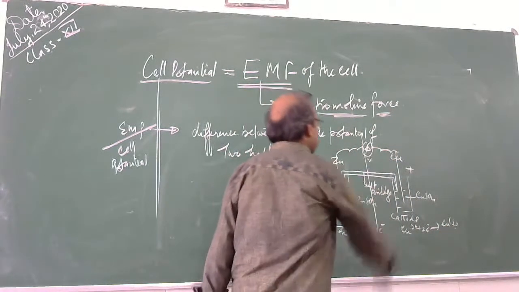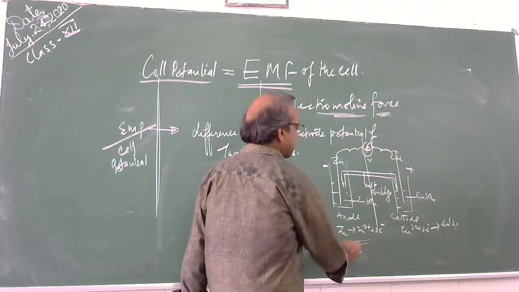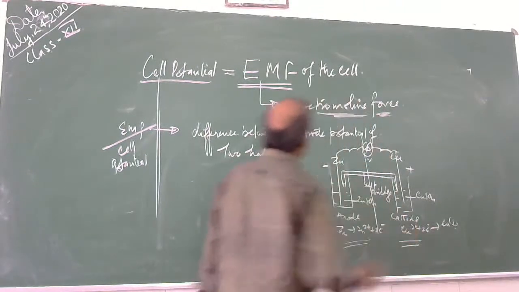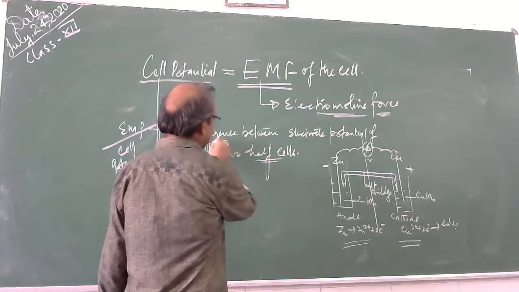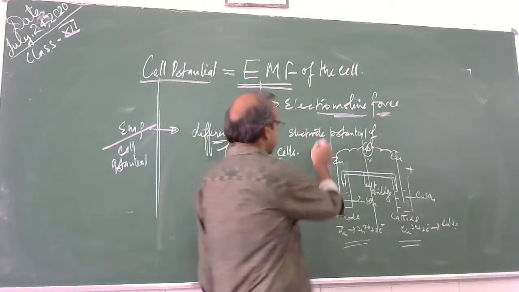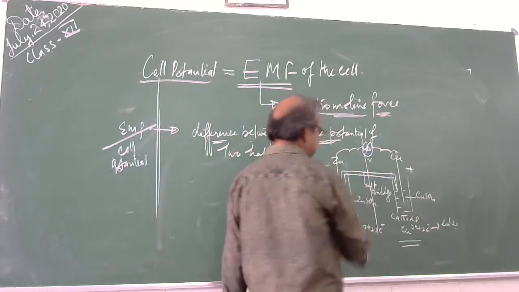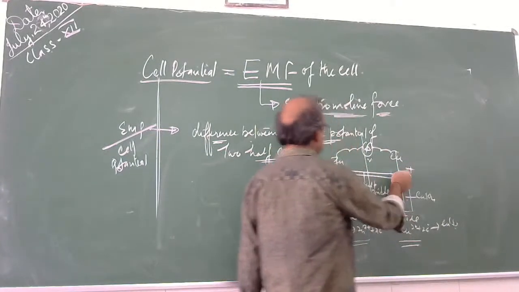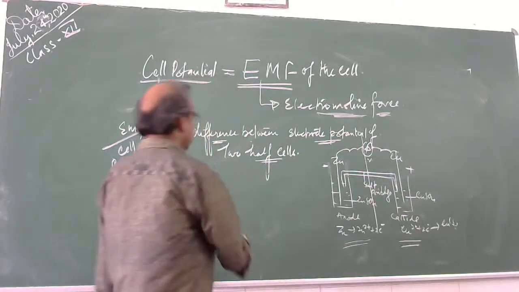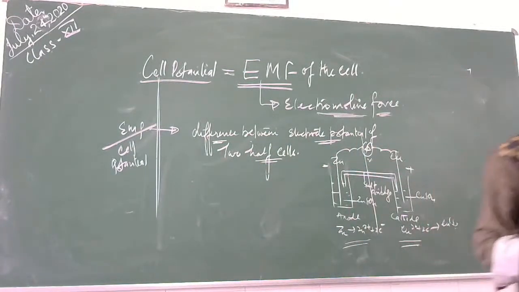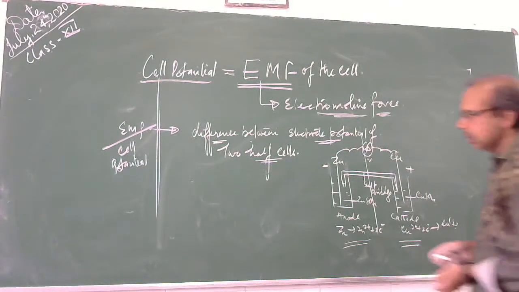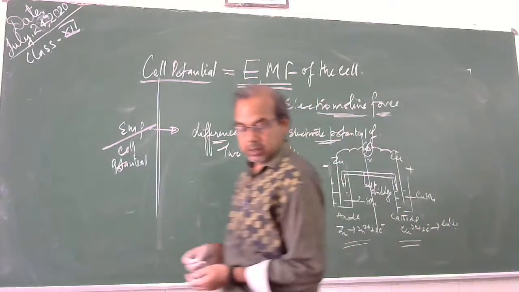This half cell is one and this half cell is another, and the difference between the electrode potentials of these two half cells is known as the cell potential or EMF of the cell.